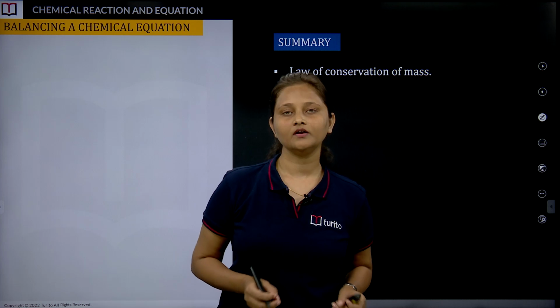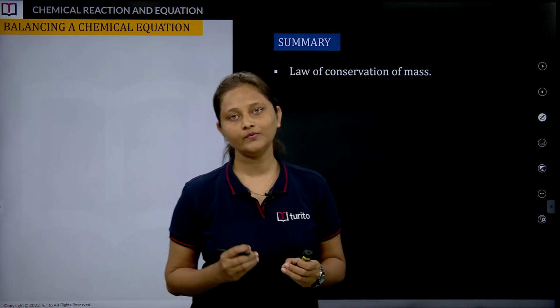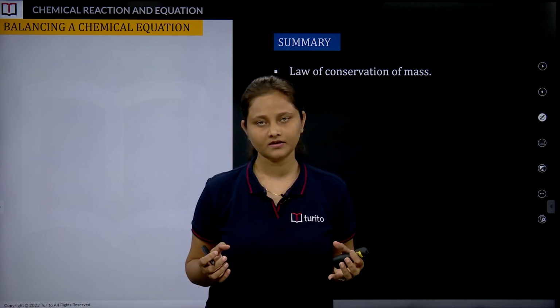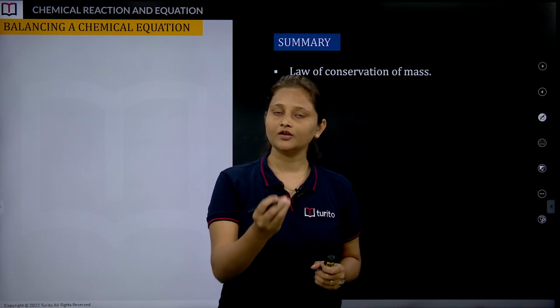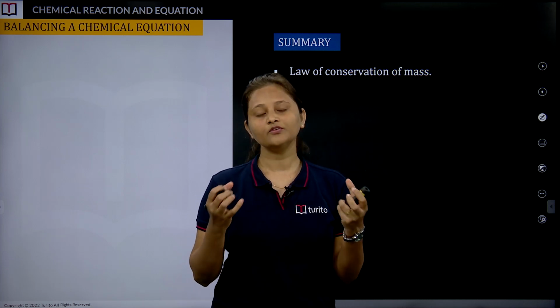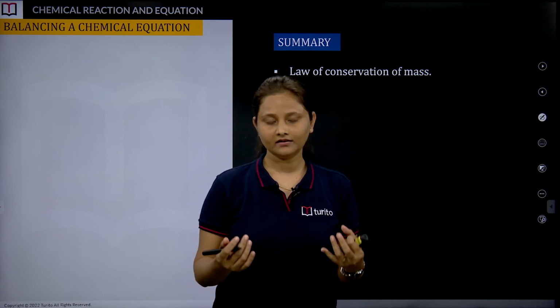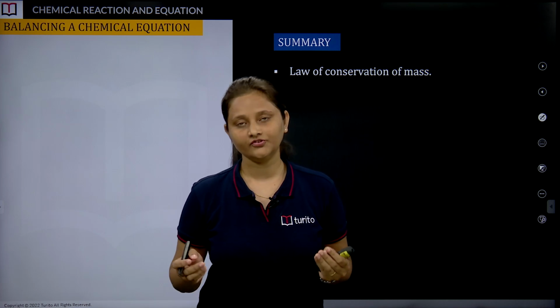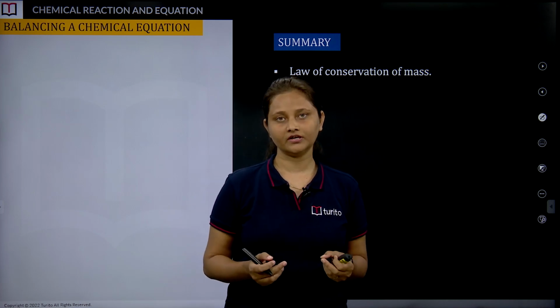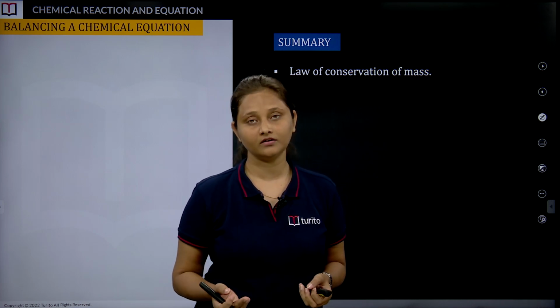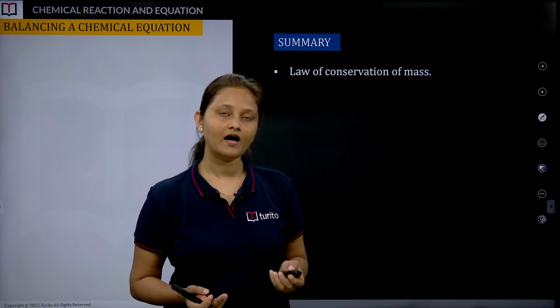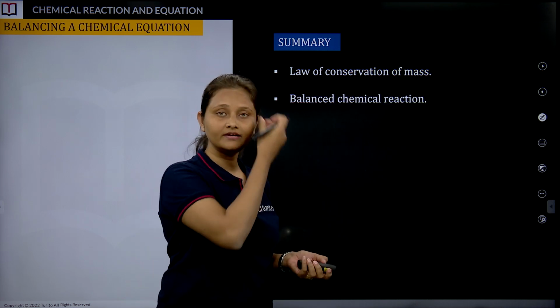So it's not very convenient to write each and every chemical change with the name of all the chemicals. That's why we are having chemical equation, where we are having chemical formulas or symbols of any particular atom. They are reacting with each other, and that's how we are having chemical equation, right?